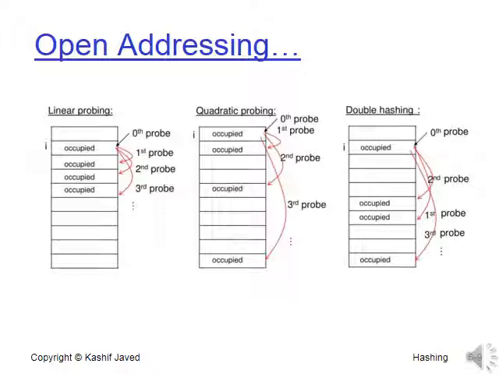Although the primary and secondary hash functions are not defined here, its principle of working can be observed pictorially, where in order to find an empty cell, it attempts first, let's say, at index i plus 5, which is the first try, then the second try at index i plus 4, then the third try at index i plus 8, and so on.